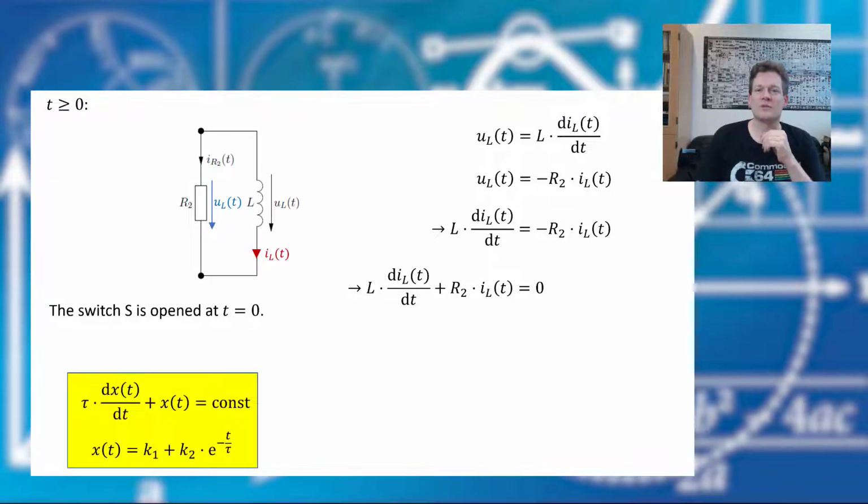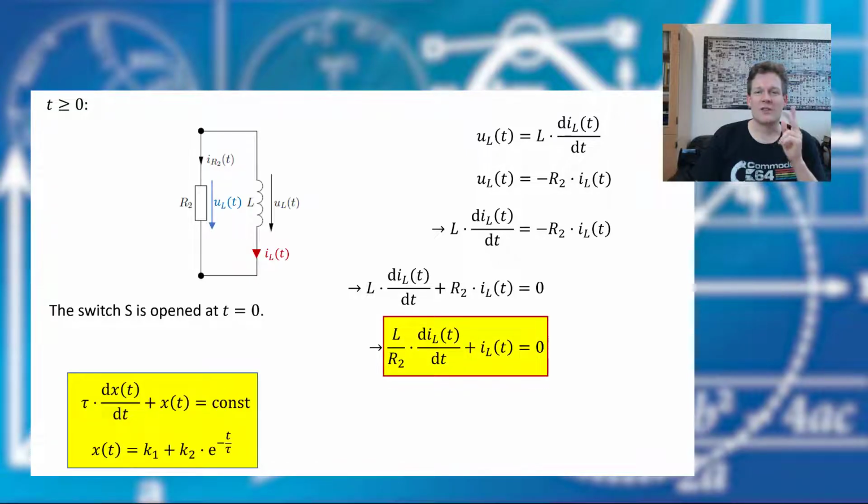Then we know a solution for that. To bring it to that form, we should divide by R2, and then our equation looks like this. That is the differential equation that describes the current behavior at the inductor.